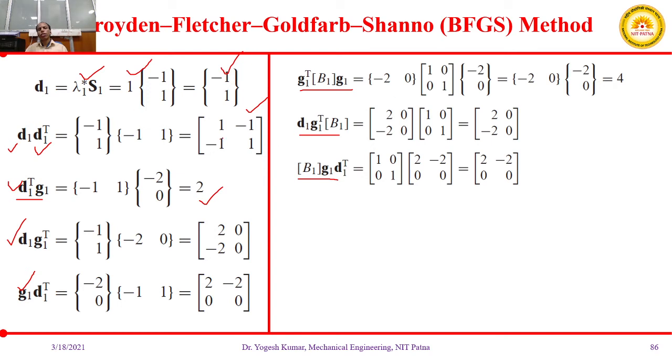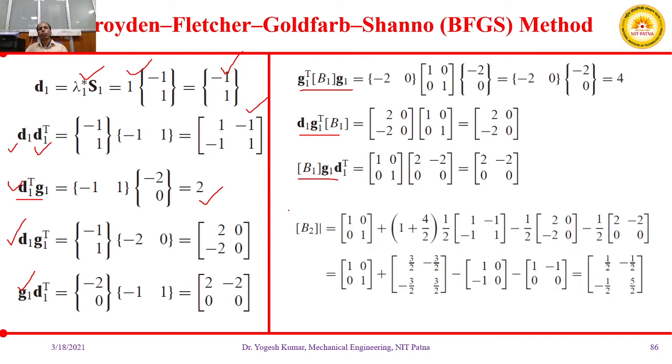All these terms are needed in order to update your Hessian matrix. After calculating them, you put these values in the update formula for the Hessian matrix, and if you solve it, you will get your next updated Hessian matrix as 1 by 2, minus 1 by 2, minus 1 by 2. So this is your value of B2, right?